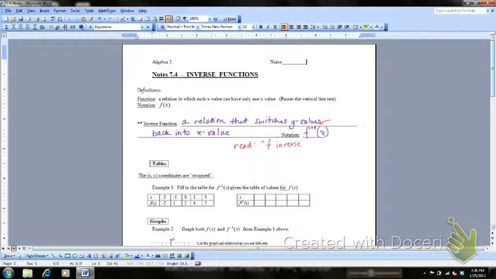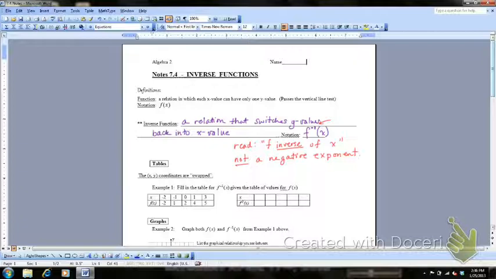F inverse of x just means that it's the opposite of f of x, and that is not a negative exponent, which means we're not going to be putting anything under 1. It means something different, and it all kind of depends on what kind of information we're dealing with. We're going to look at tables, graphs, and equations today.